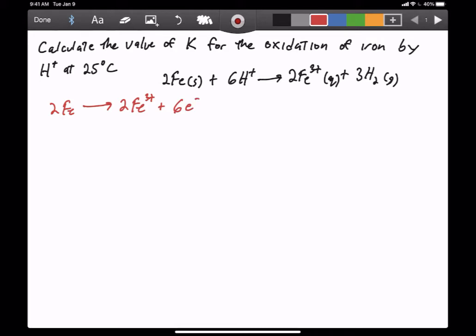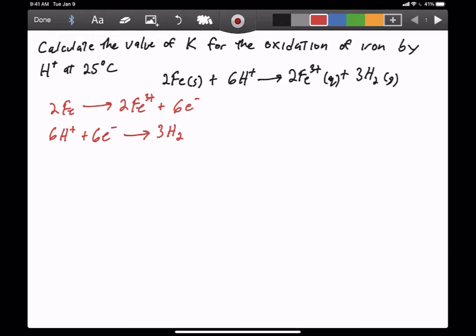And then we've got our 6 H+, and we've got to have the 6 electrons there to balance out the charges, going to 3 H2. So there's our two half reactions. We've got our electrons in there to balance everything out. We've got a set of electrons on the product side, a set of electrons on the reactant side, so we're good to go.